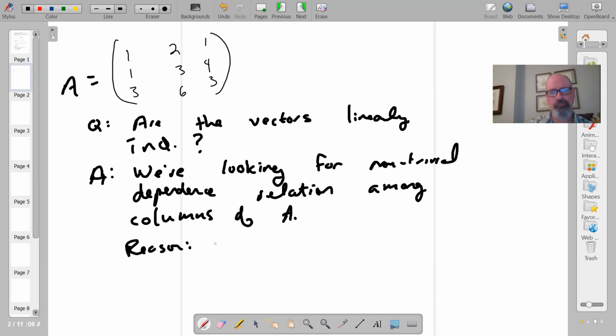If we can only find the trivial relation, that's the very definition of linear independence.